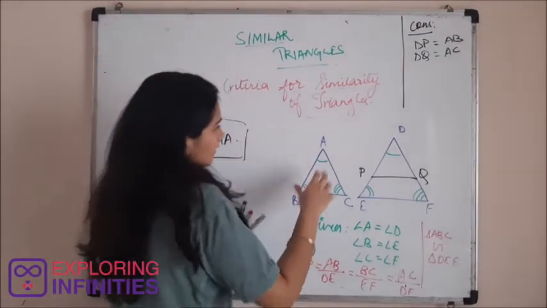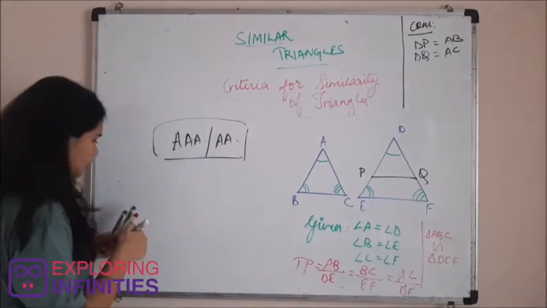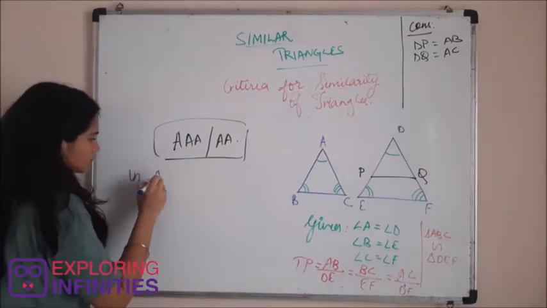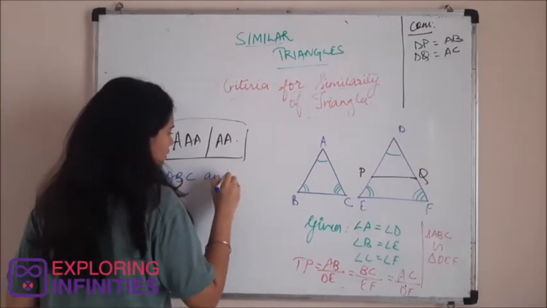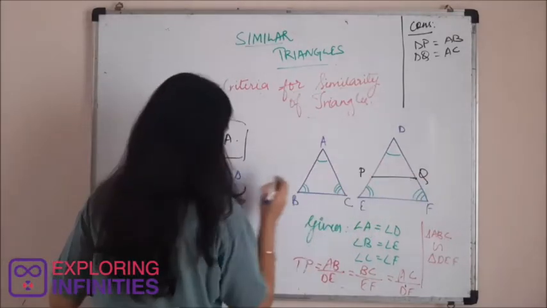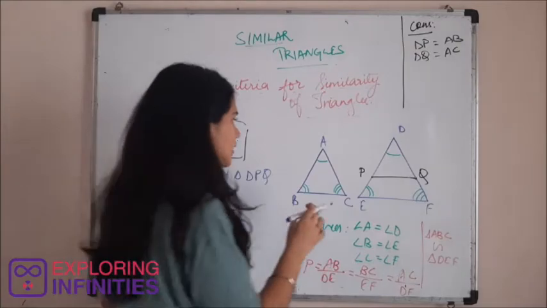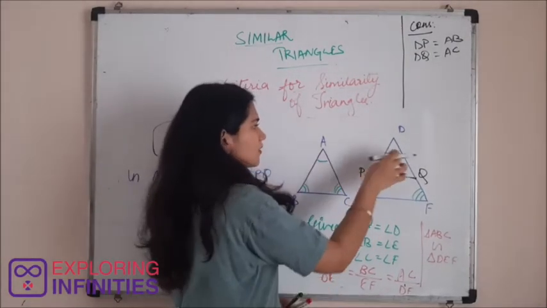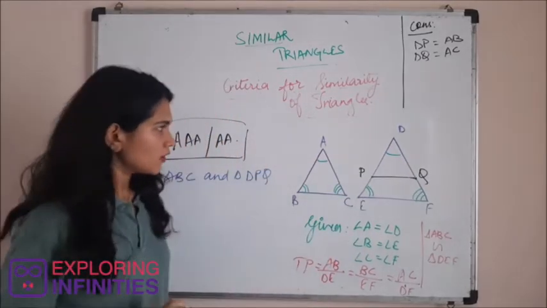Now, in triangle ABC and triangle DPQ, can you see one thing? AB is equal to DP, angle A equals angle D, and AC is equal to DQ.